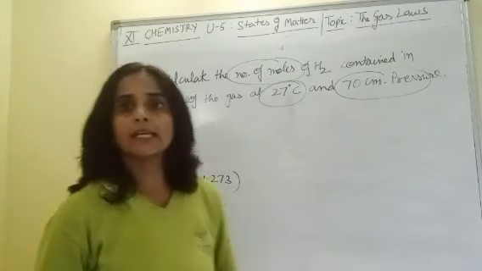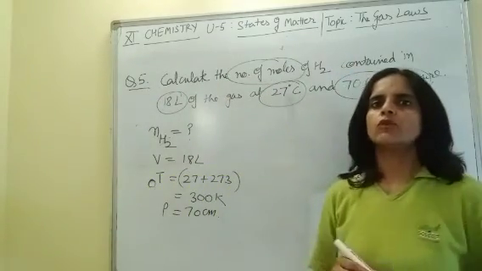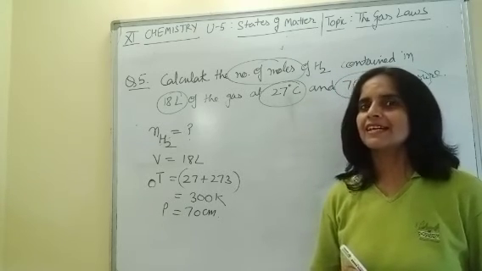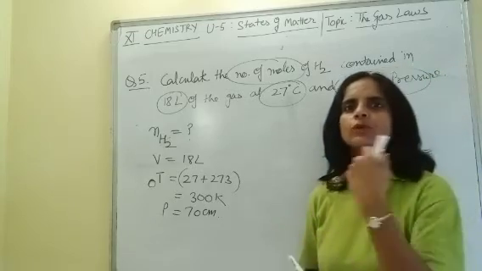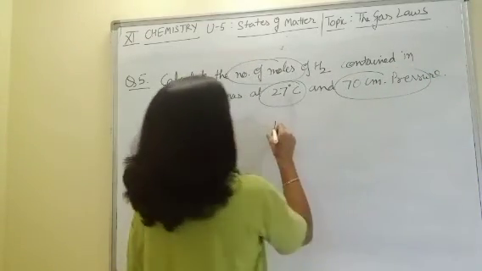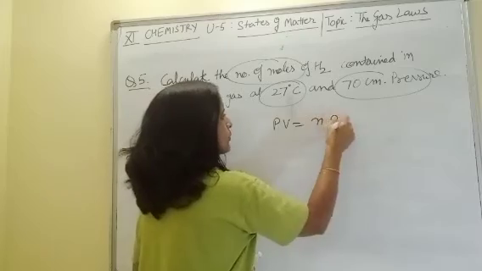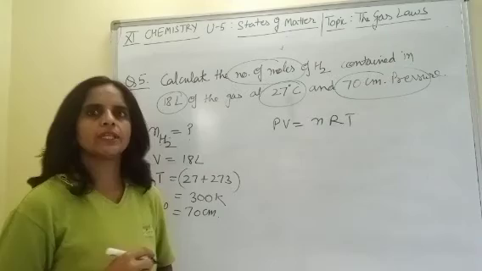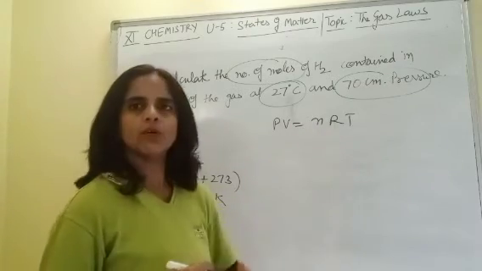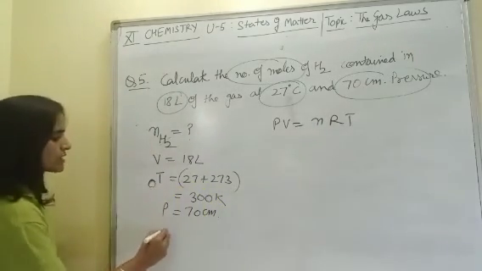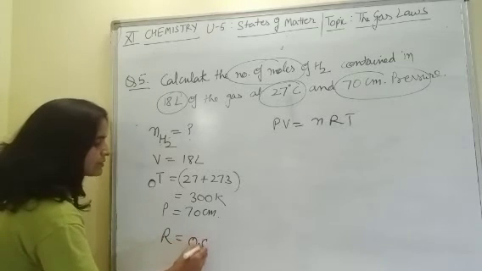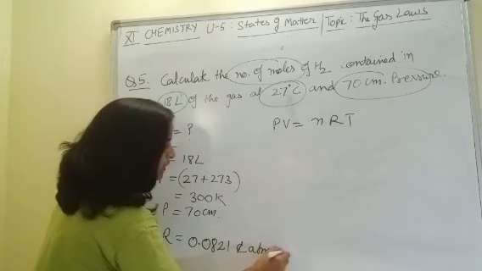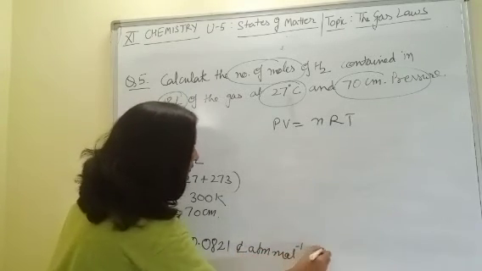So children, what is the relation between number of moles, pressure, volume and temperature? Again, your answer is correct. It is the ideal gas equation, PV equals nRT. So we will be using the ideal gas equation. Substitute the values here. But before substituting the values, we need to check the value of R, that is the universal gas constant, and we know the value of R is 0.0821 liter atmosphere per mole per Kelvin.